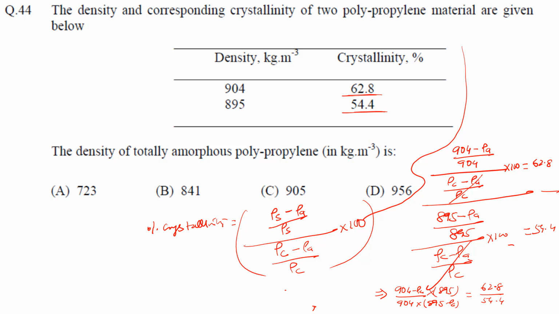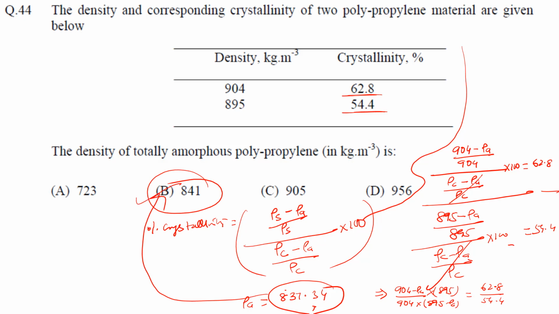So from here, if you calculate rho A, I have calculated it will be around 837.34 according to my calculation. So this will be near to option B, right? So option B will be your correct answer.